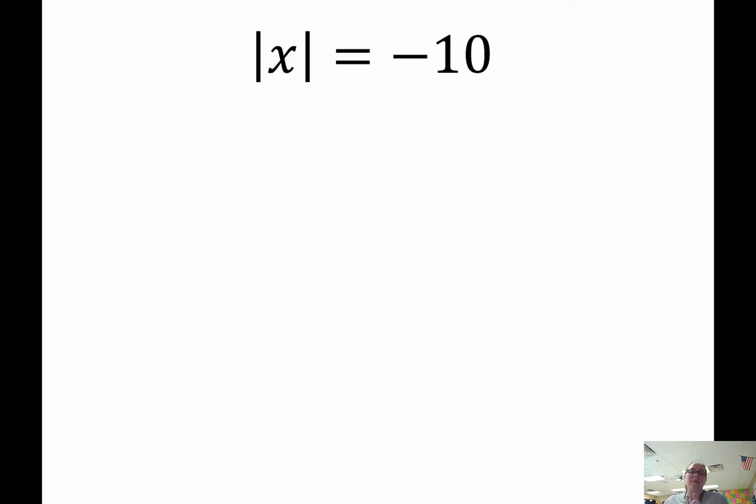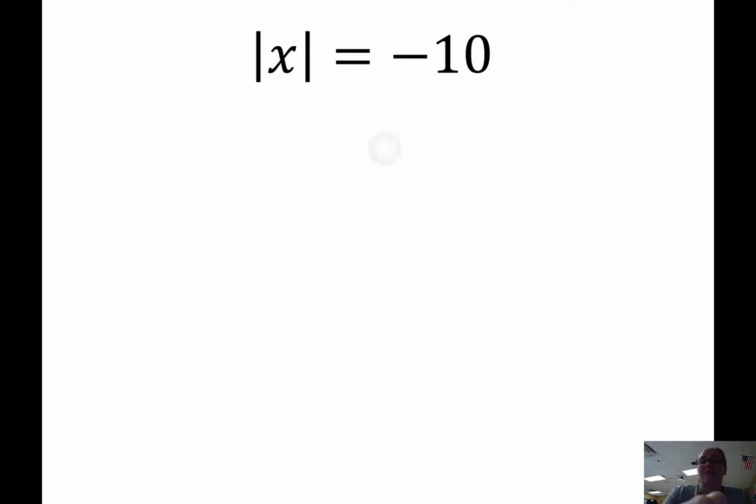So let's think about this mathematically. If I've got the absolute value of x equal to negative 10, what are my solutions for x that will give me out a negative 10? Now, first thought might be, well, 10 and negative 10, right?